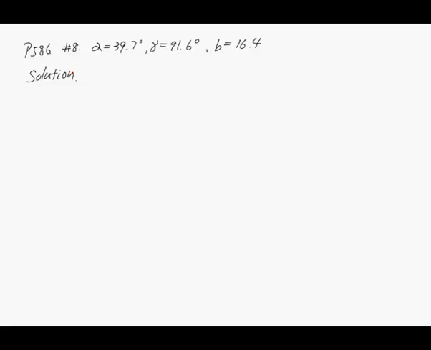So when you try to solve a triangle, first you sketch this triangle. Okay, so now let's sketch this triangle. And this is my angle gamma, and then this is my angle alpha, and then this is beta, which is unknown.